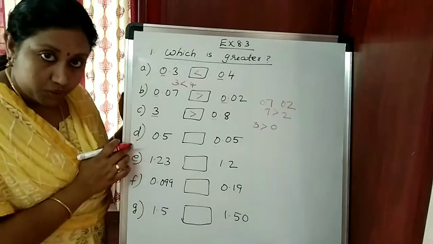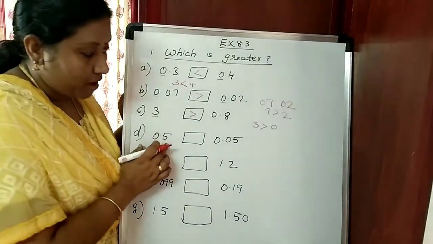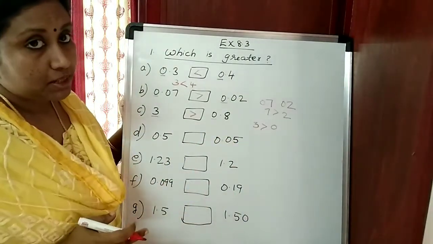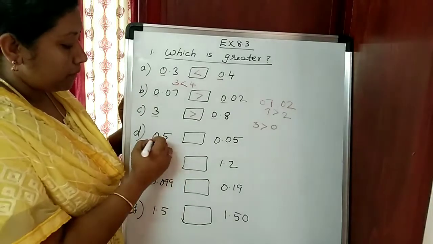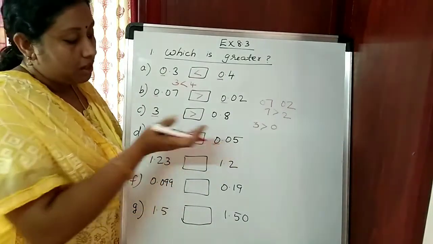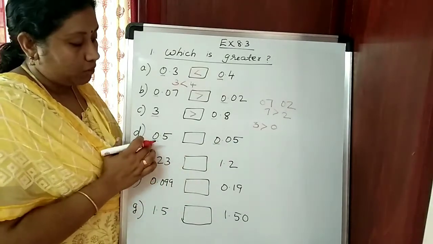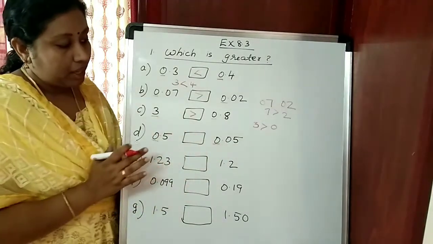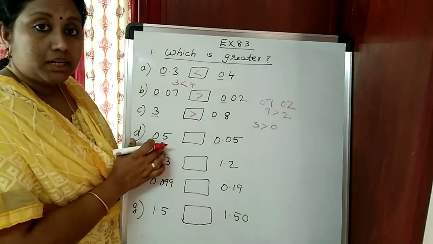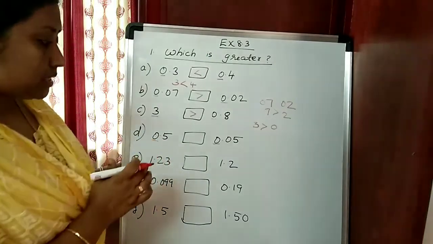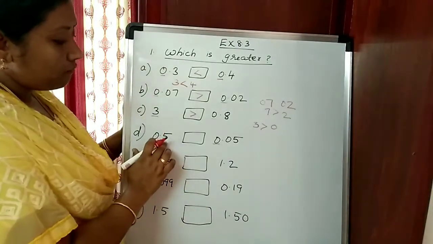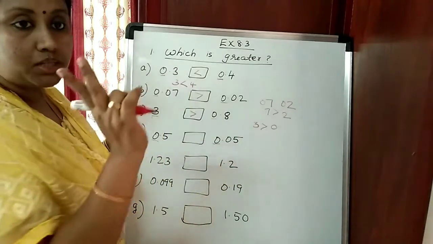Then your fourth question, 0.5 and 0.05. What is our first step? Yes, you compare the whole number part. When we compare the whole number part, both are zeros. Here also 0, here 0. Then when we compare the decimal part, here is only 1 digit and here 2 digits are there.